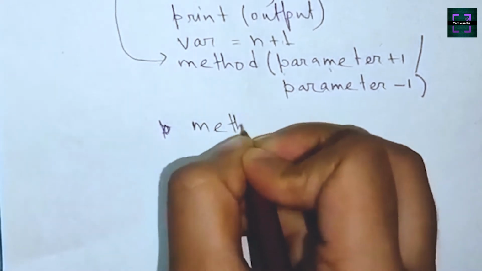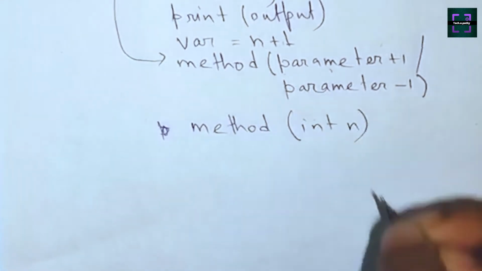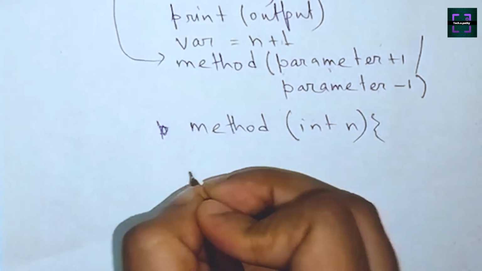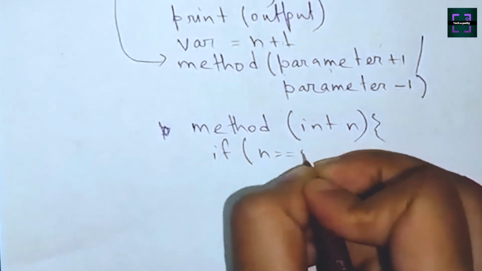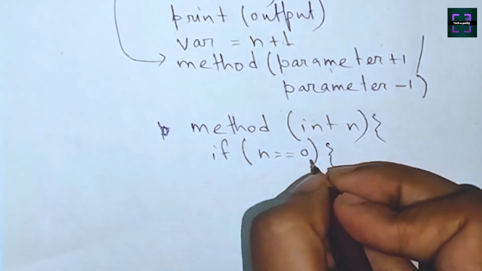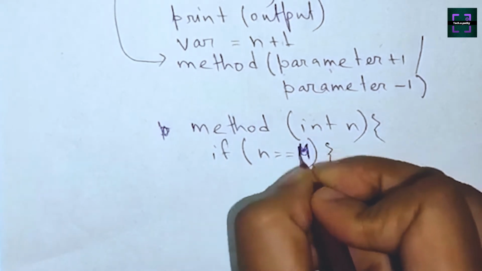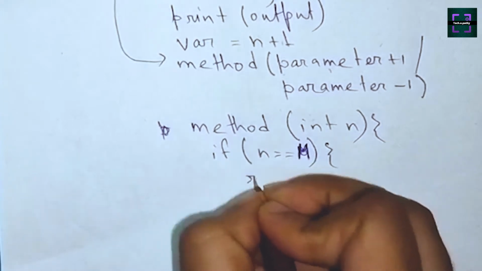In this method we are giving int n, and then we are checking if n equals 0. So if n equals M, capital M, that is the maximum number, then it will return.